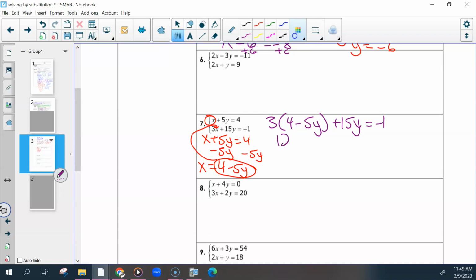Distribute. And when we combine our like terms, they're going to disappear. They're going to cancel. Is this a true statement? Does 12 equal -1? No. So what type of solution is that?